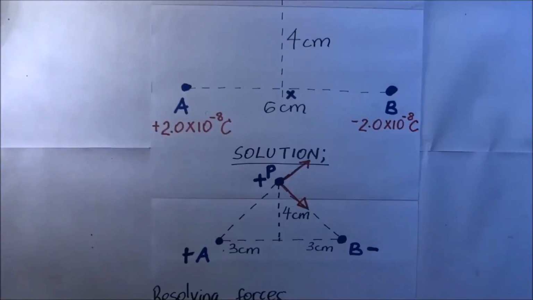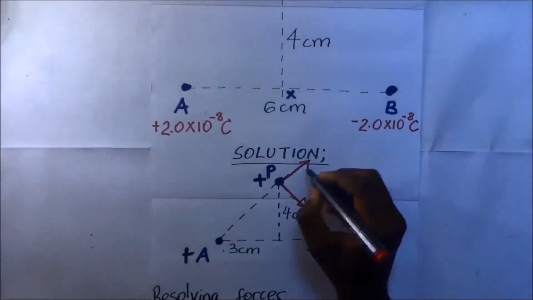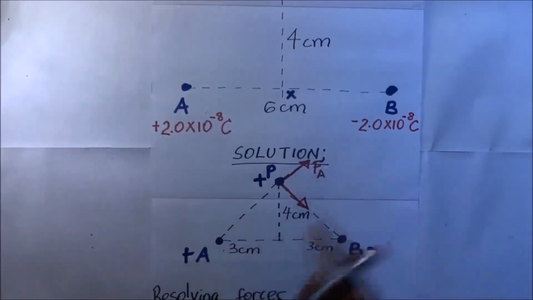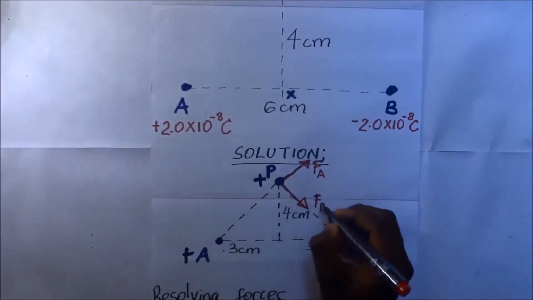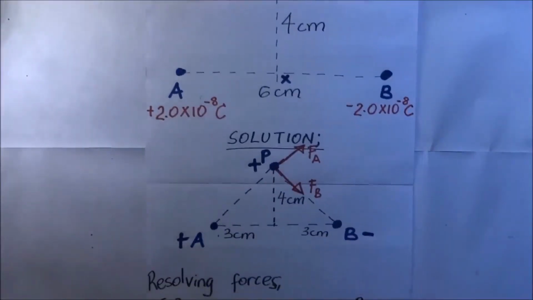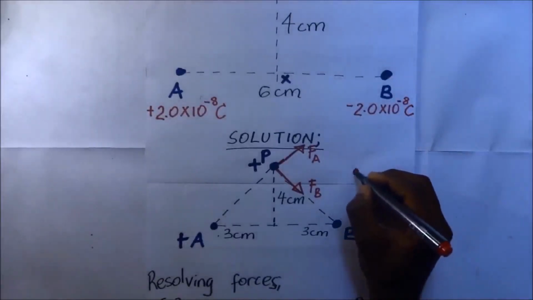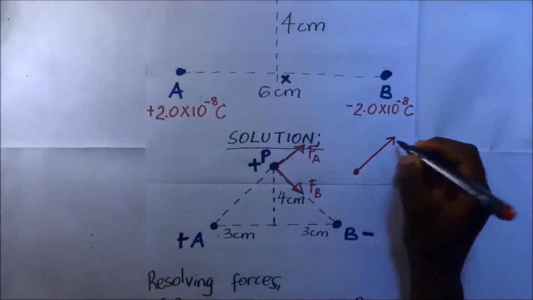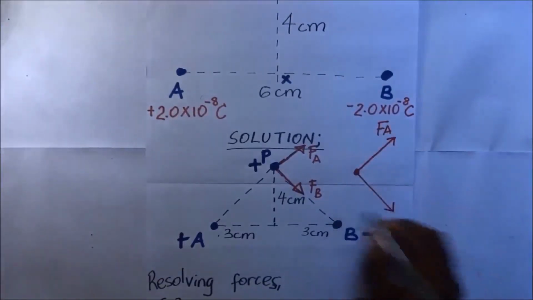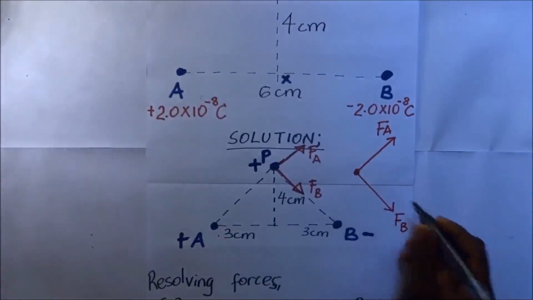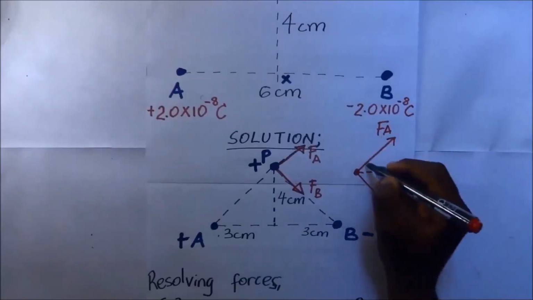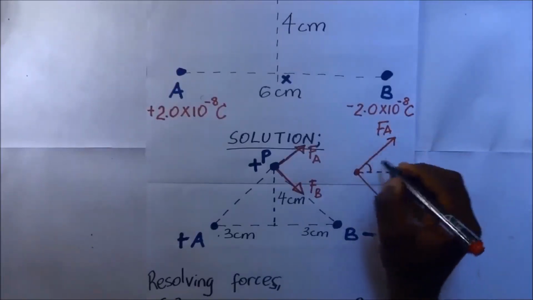So you find that charge P is experiencing two forces. We have a force due to A and a force due to B. Overall, if we isolate charge P, it comes out like this. There is a force due to A, and there is a force due to charge B. This is inclined at an angle to the horizontal.